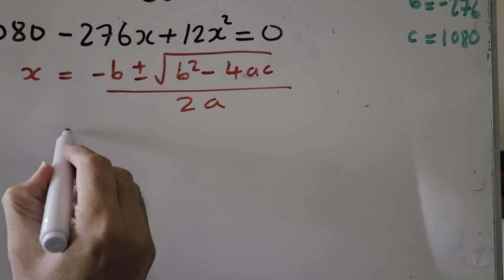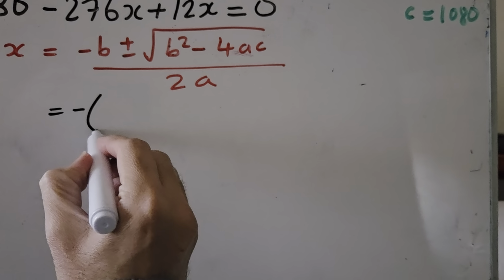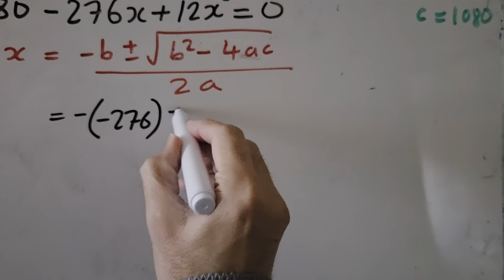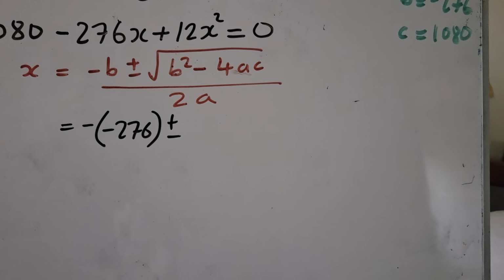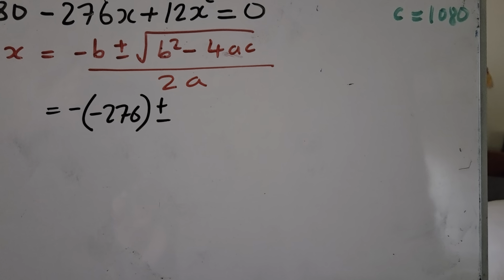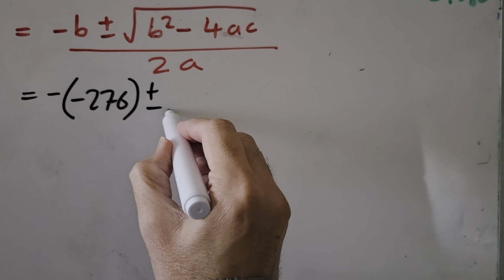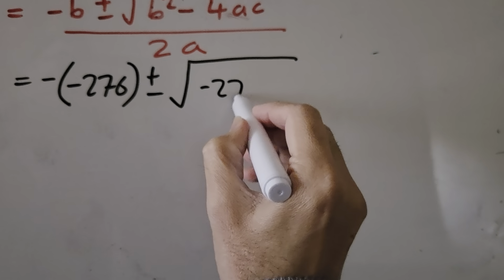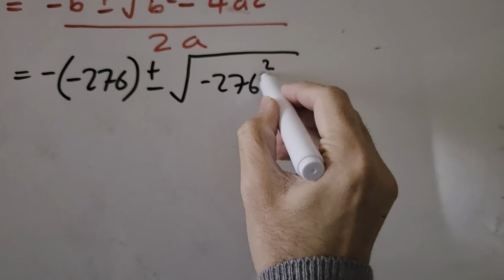So therefore x is equal to minus of negative 276, plus or minus, which means we're going to get two values, square root of b squared, that means negative 276 squared.